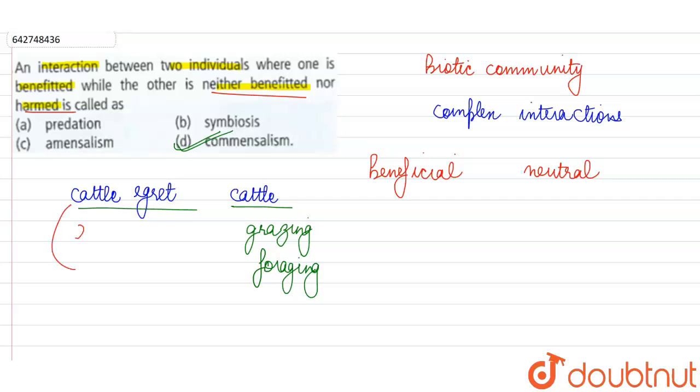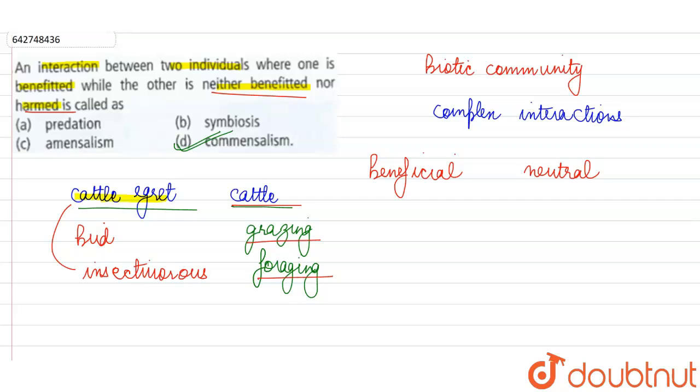And the cattle egret is a bird which has an insectivorous food habit. So the only reason this bird remains near the cattle is so that when the cattle stir the vegetation or even the garbage on which they are feeding, the insects which come out, the cattle egret bird can feed on these insects.